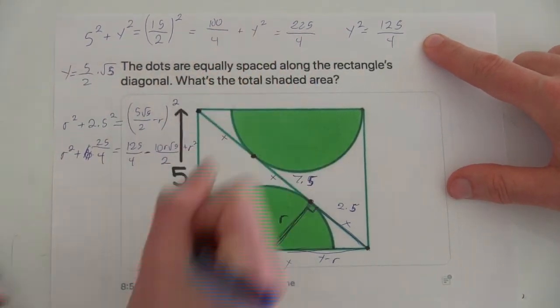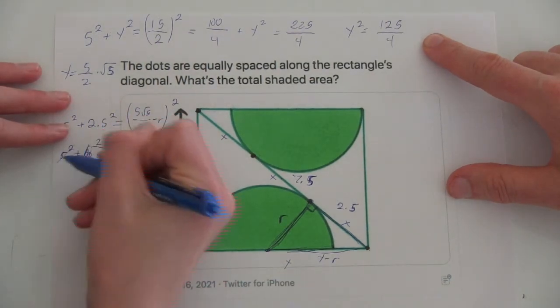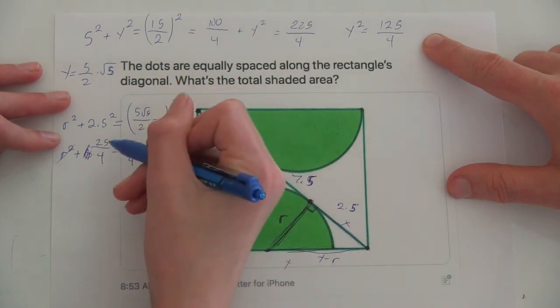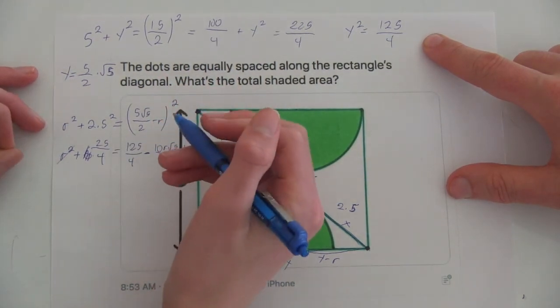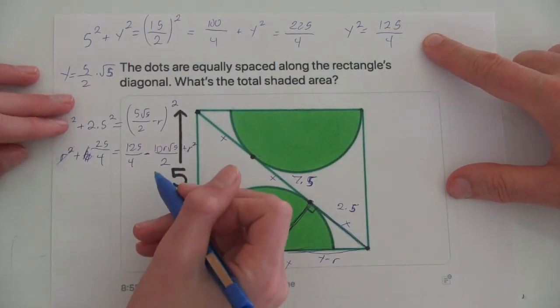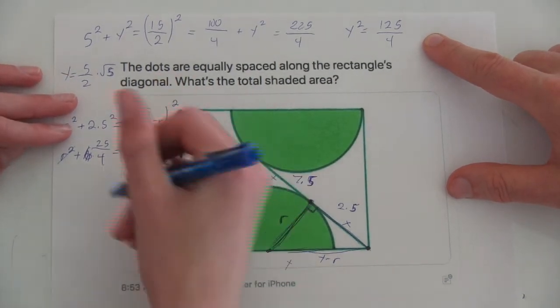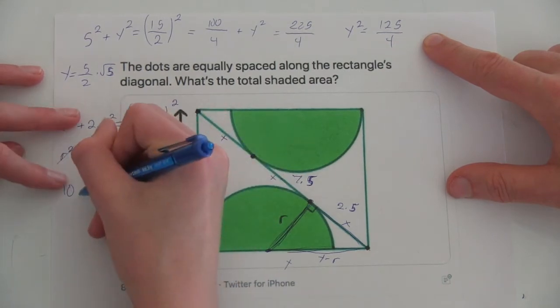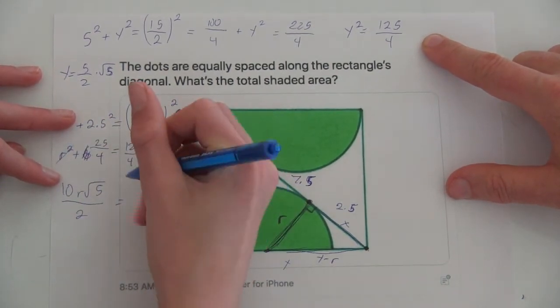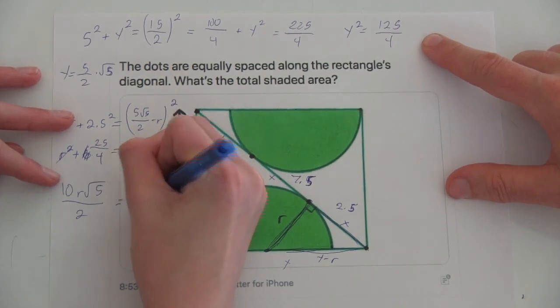Yeah. And so we can subtract r squared from both sides and subtract 25 over 4 from both sides, and then move this negative 10r root 5 over 2 to the other side. So we get 10r root 5 over 2 equals 100 over 4, which is 25.